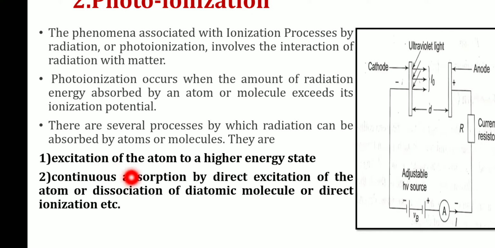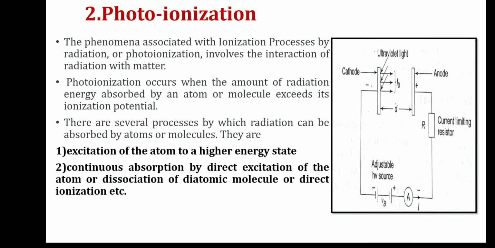Next one here: excitation means it will reach the higher energy level, or else there is the continuous absorption process, where the atoms or the molecules continuously absorb the light energy. There are two processes, just keep it in mind. The first one is excitation of the atom to a higher energy state, and the second one is the continuous absorption process. Just this much you need to remember.